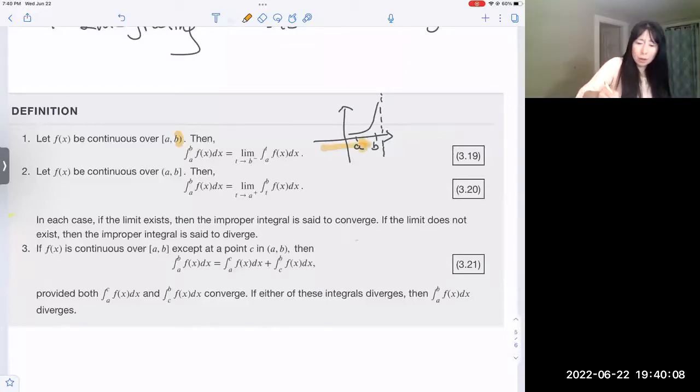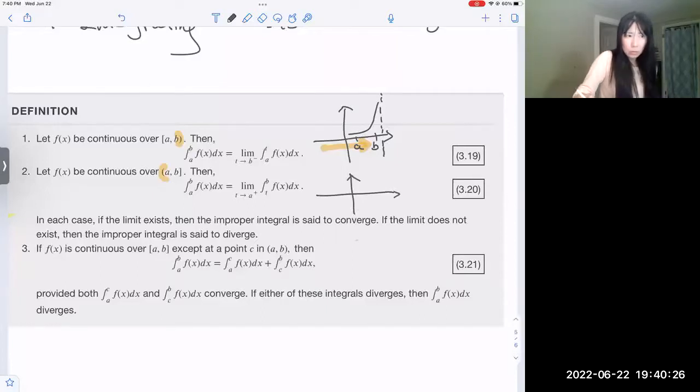All right, this one, look, A is not included there, which is a discontinuity there. So it looks like this. So we have A, so there is an asymptote.